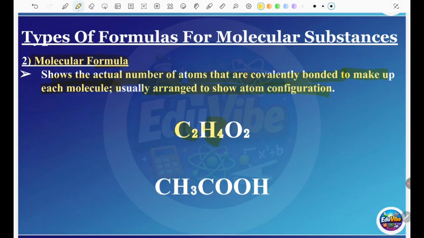Then we have four hydrogens, so they put H4, and then we have two oxygens, so they put O2. If there were 12 carbons in the whole formula, they would write C12 first. So that's what the molecular formula looks like. CH3COOH can also be written in the molecular formula as C2H4O2. You can see that both are the same but are written in different ways.